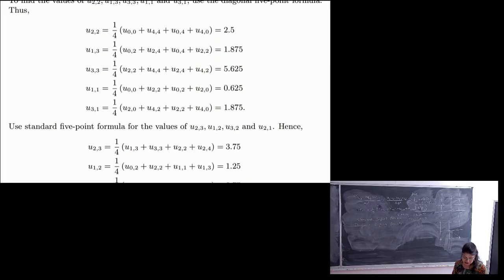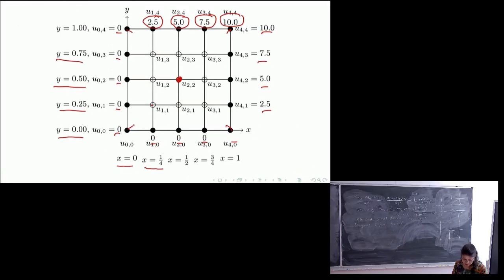So u22 is the average of all these 4 points, which I get as 2.5. Then I move to u13, this point. If I apply the standard 5-point formula, I will get a combination of u23 and u12.